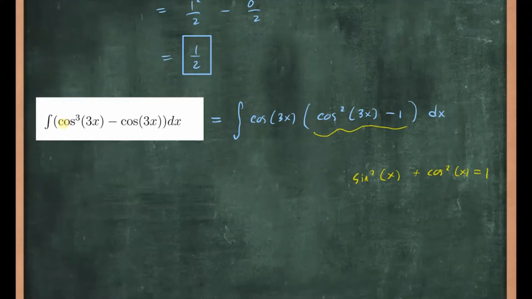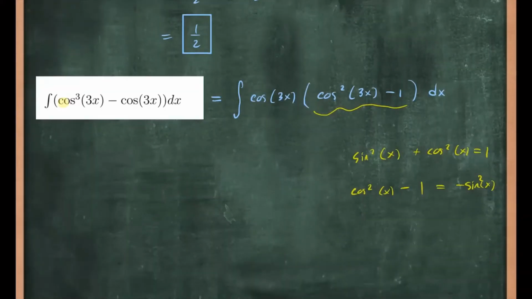So we can do cosine squared x minus 1 equals negative sine squared x. Now our argument is 3x, so I can simply rewrite the identity as cosine squared of 3x minus 1 equals negative sine squared of 3x.